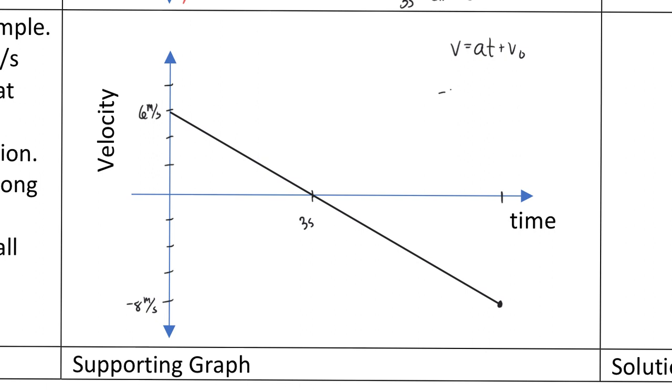Final velocity was 8 meters per second. Acceleration was negative 2 meters per second squared times t plus the starting velocity of 6 meters per second. 8 minus 6, negative 14. Negative 14 divided by negative 2, and time equals 7 seconds.